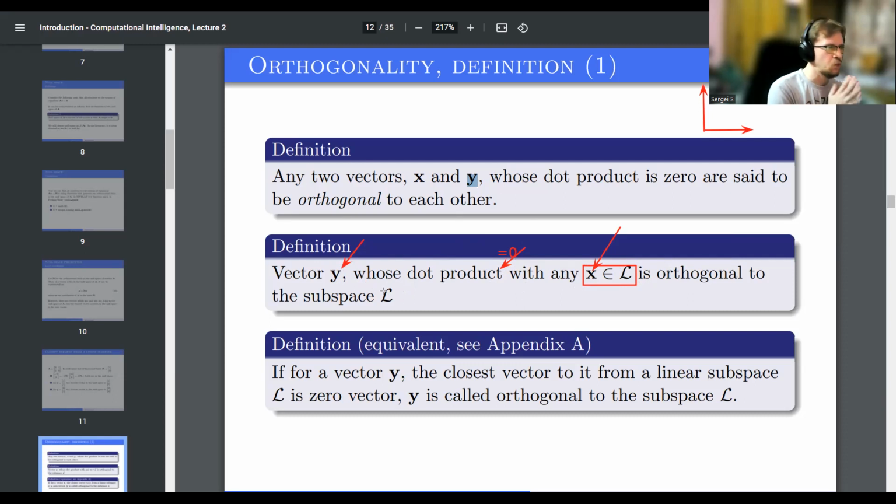So if your vector y not only has 0 dot product with x, but it has 0 dot product with any x from some subspace, we can say it is orthogonal to the whole subspace.